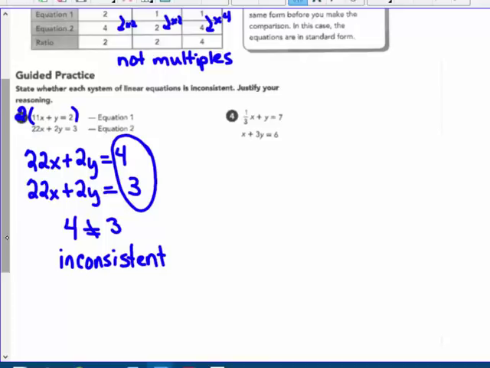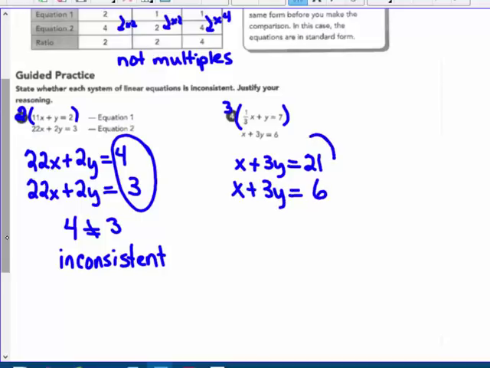1/3 x plus y equals 7, and x plus 3y equals 6. Well, if I clear that ratio in the first equation, 1/3 times 3, that will give me x plus 3y equals 21. And the second equation was x plus 3y equals only 6.